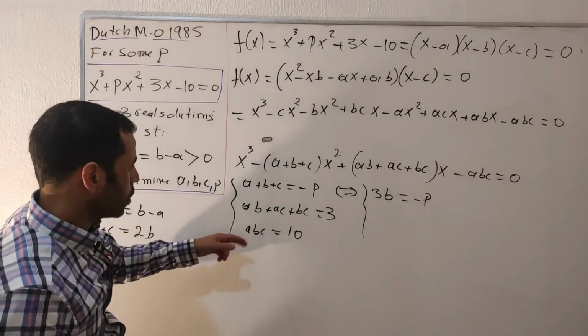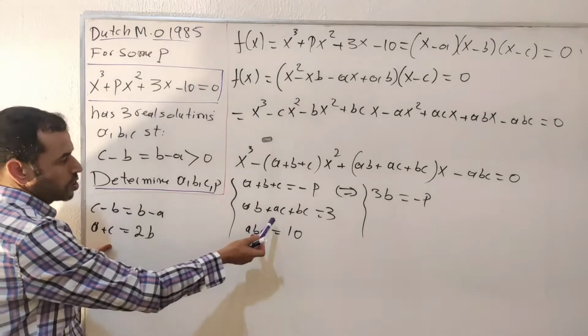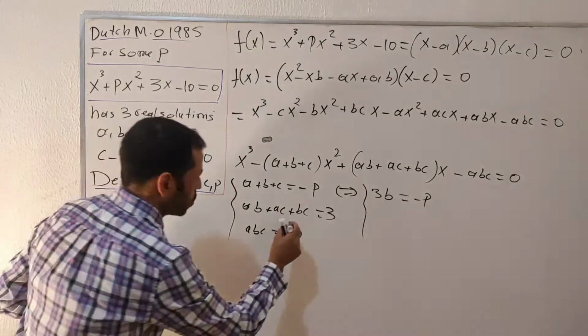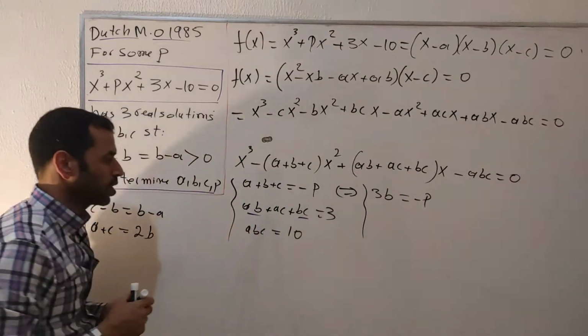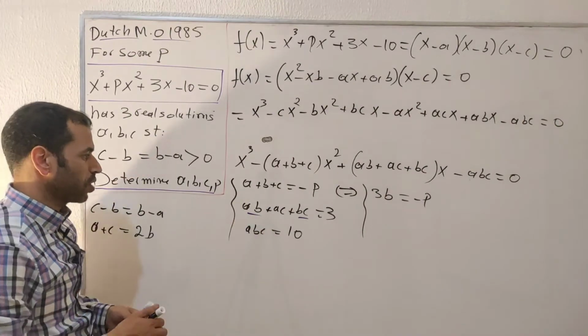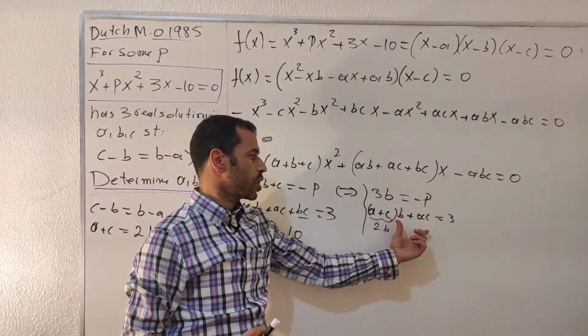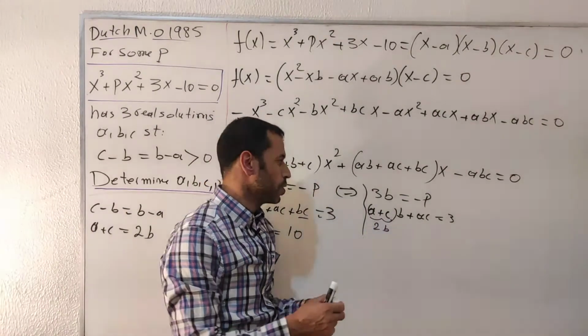Then, using the same condition for the second equation, I make b a common factor, and multiply both sides by b.